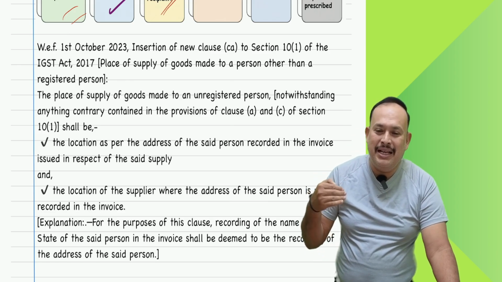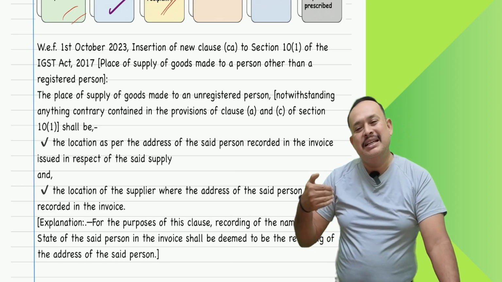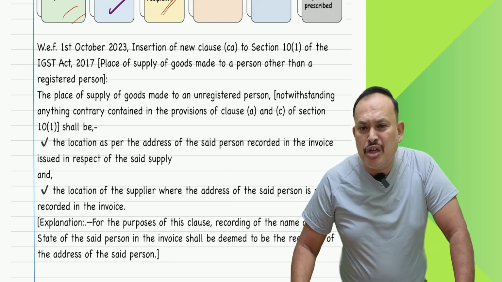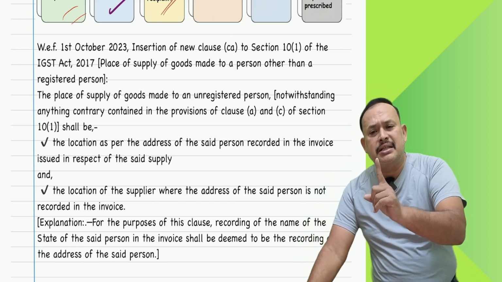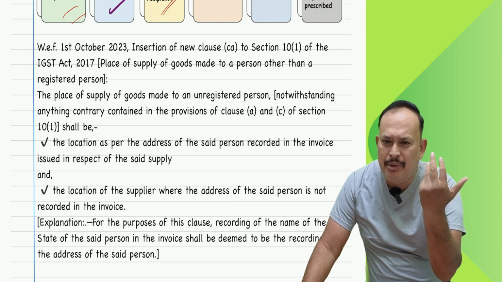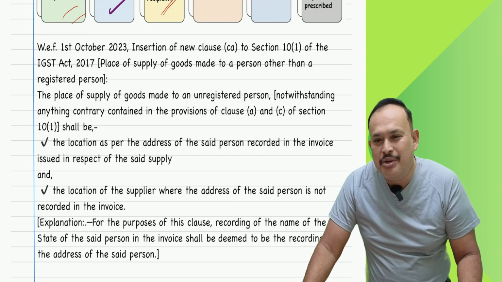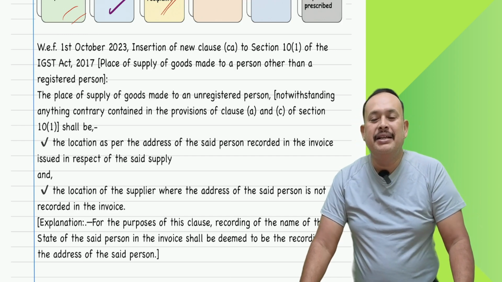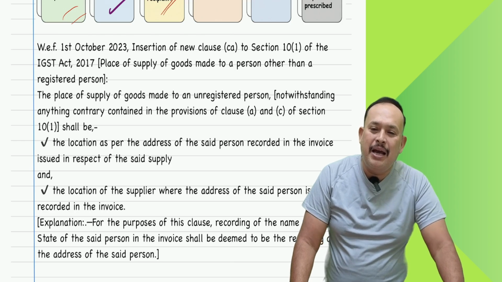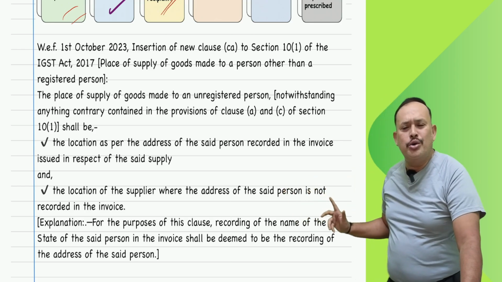The location of the supplier, the seller of the cell phone in our example, is in Chennai. Is it intrastate supply or interstate supply? Liable to pay CGST, SGST or IGST? Tell me quickly, fast. Intrastate, sir. CGST, SGST. Excellent. Intrastate supply is liable to pay CGST and SGST. So far so good. Am I right?